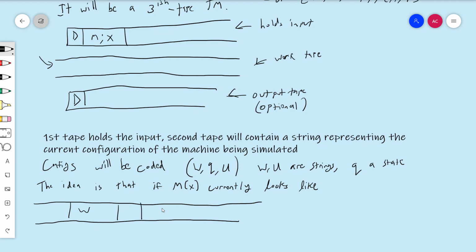Really, this is part of W, and then it's going to have another string U, and then the cursor is pointed right here, and it's in state Q. Then the cursor position is the final character of U. Or sorry, final character of W. And then U is the rest of the tape configuration.